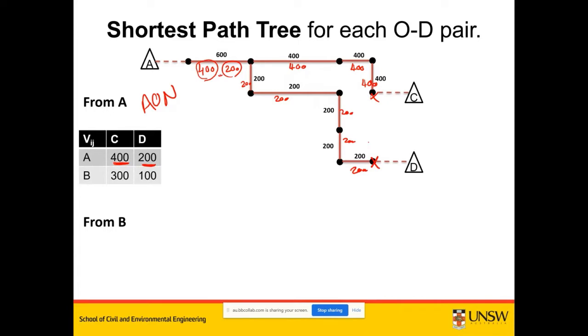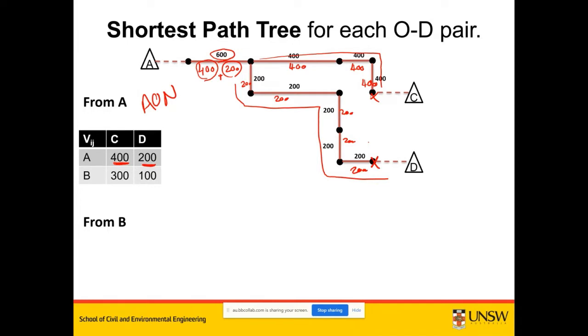So I need to sum them up to get that this 600 volume on this link comes from the summation of 400 plus 200. 400 of them are going from A to C, 200 of them are going from A to D. But the rest of the path for A to C and the rest of the path for A to D is not sharing any part of the path with another OD shortest path.